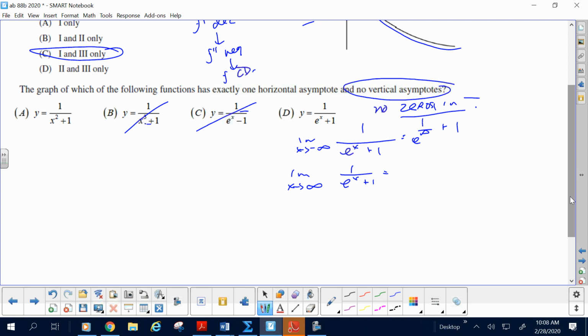This guy goes to 0, and therefore overall, that has a horizontal asymptote at positive 1. But as x goes to positive infinity, this is 1 divided by huge, that goes to 0. And so it has two horizontal asymptotes. That's rough, but that's out. It is A, it's classic.